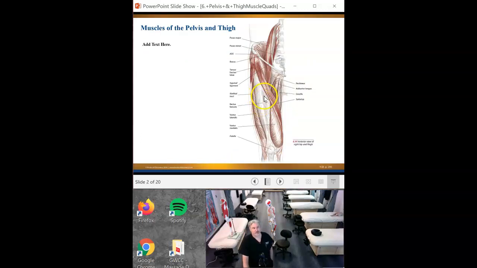All right. Let's take a look at this really quickly, everybody. This is super important. You have the vastus medialis here. You have the rectus femoris, and you have the vastus lateralis over here. So that's 3 of the 4 quads. Why can we not see the vastus intermedius?